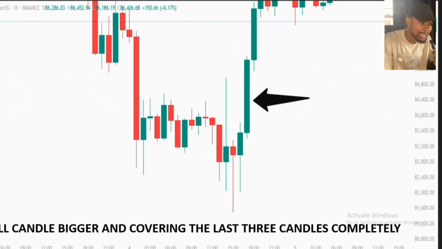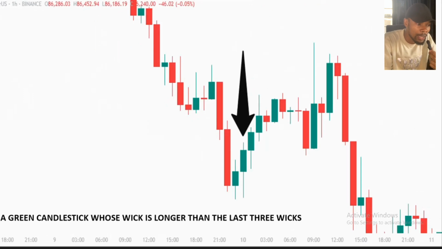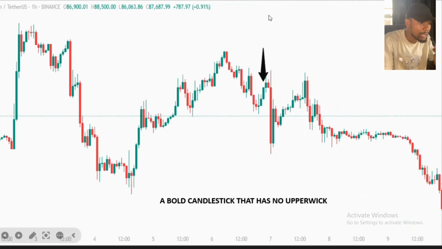Either this one that I told you first, a full green candle covering the last three completely, or we'll check out for this one, a green candle whose lower wick is longer than the last three candles, and the last one, a bold candlestick that has no upper wick. It must be green, guys. All these candlesticks must be green. Now this is for only uptrends. Downtrend, I would have another class for downtrends.